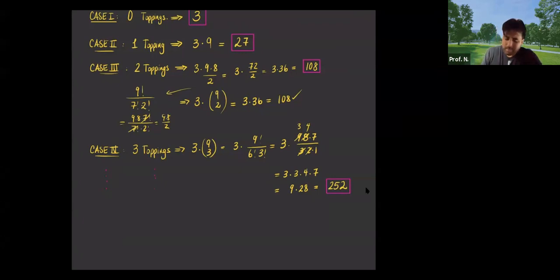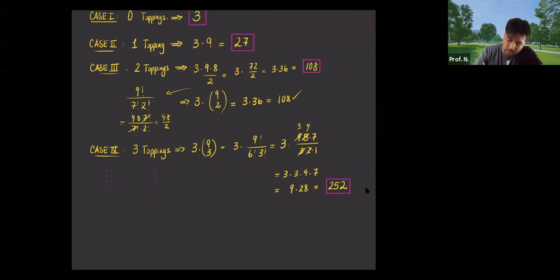So we know if we do 4 toppings, we do 3 times 9 choose 4. If there's 5 toppings, 3 times 9 choose 5, and so on. If there's 9 toppings, 3 times 9 choose 9, right?